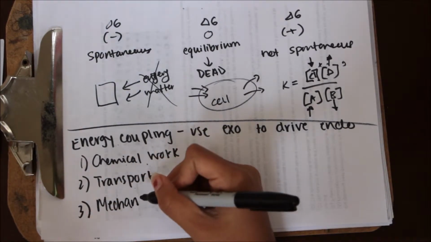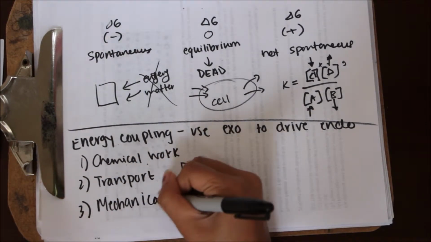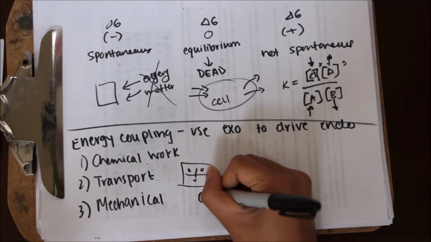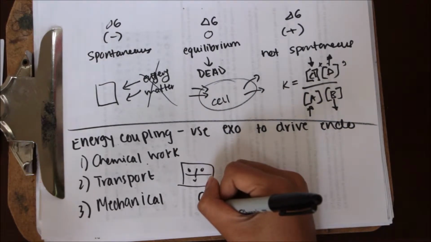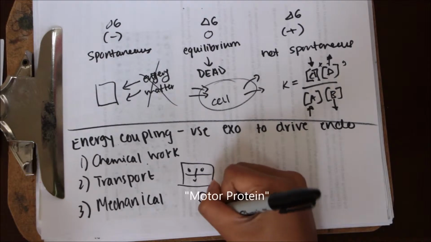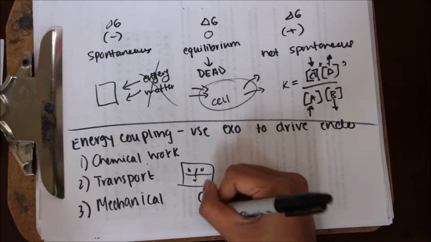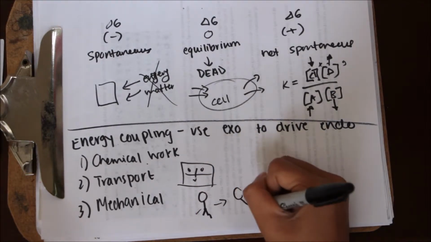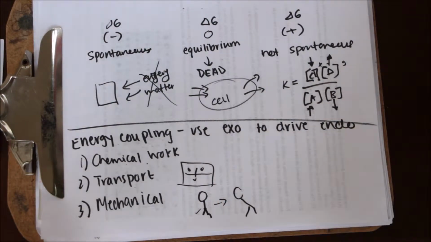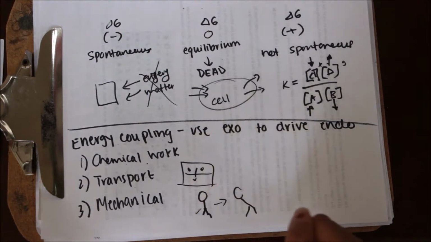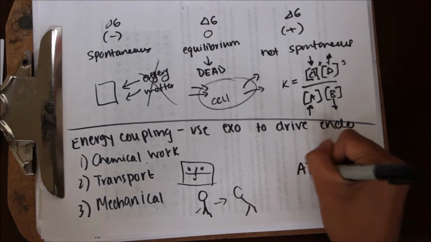A form of mechanical work that we recognize is, if you remember, the transfer protein that looks like it's walking, and that's how it takes things places. For all of these reactions, you need some kind of energy, and the immediate source of energy to do work in a cell is usually ATP.